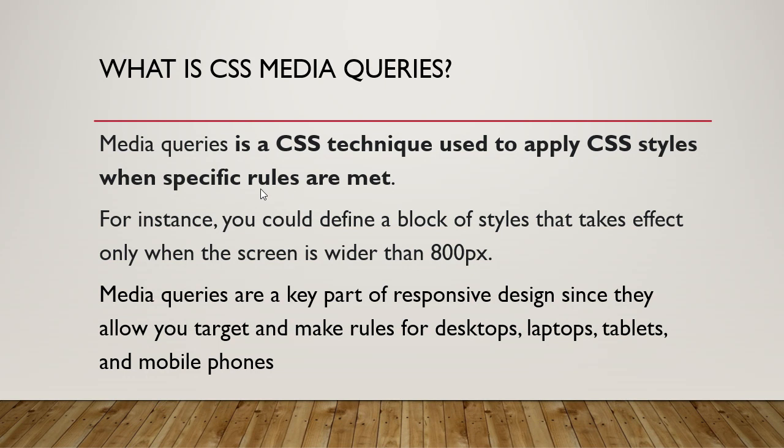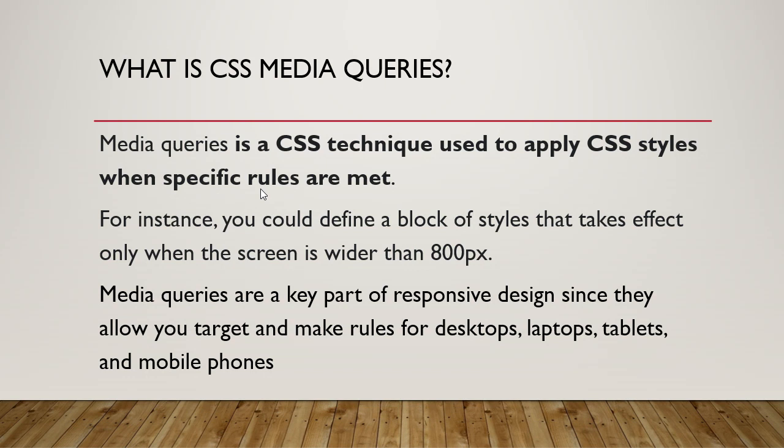For instance, you can write a couple of styles and say, these styles are only going to take effect if the screen or the device viewing my page is wider than 800 pixels or 400 pixels. When the device is not as large as that, those CSS styles will not take effect. It will only take effect when the screen size matches the rule you set.